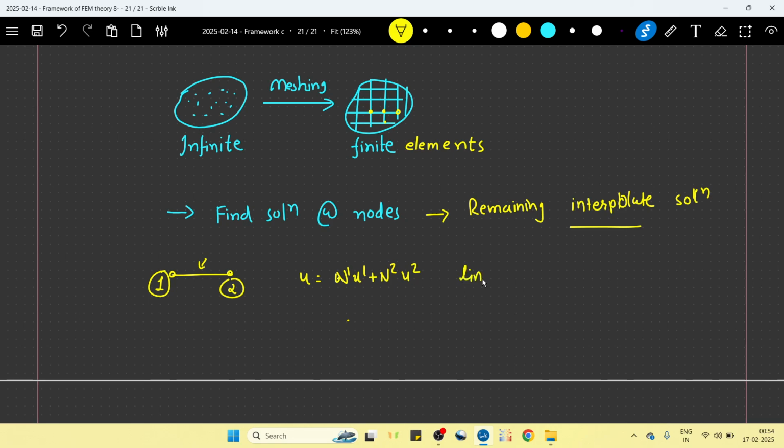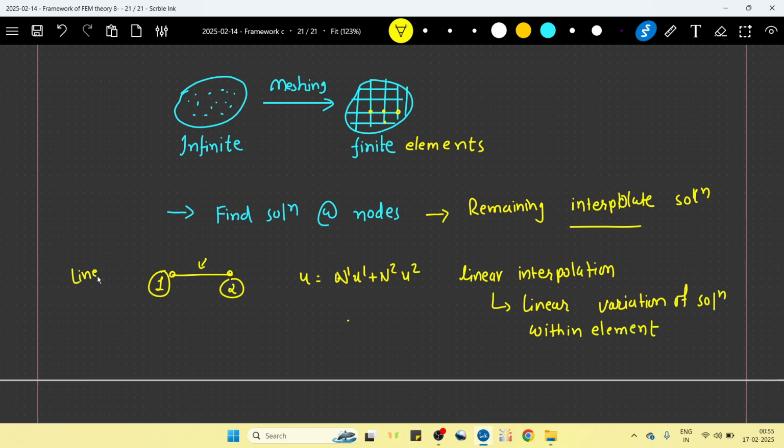So we did linear interpolation. We are slowly moving into our discussion of types of elements. Linear interpolation means linear variation of the solution, or displacement. In our case, the solution is displacement. This is linear variation of displacement within the element, and this is called a linear element.